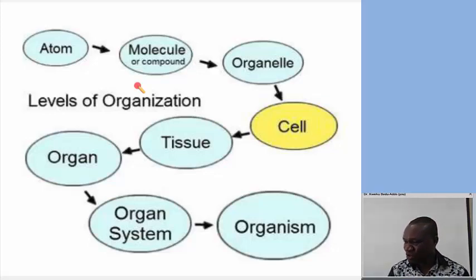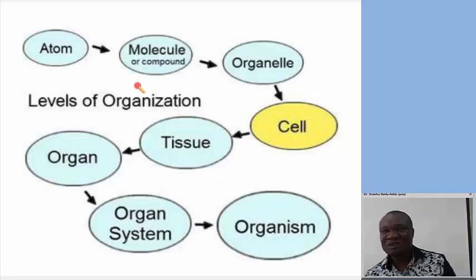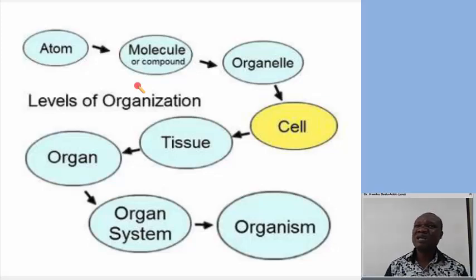Then we have muscle tissues. So muscle tissue are the muscles. There are different types of muscle. We have smooth muscle, we have skeletal muscle, and we have cardiac muscle. Now, their major function is to aid movement. We are able to move from one part of the room to the other because of the functions of the skeletal muscle.